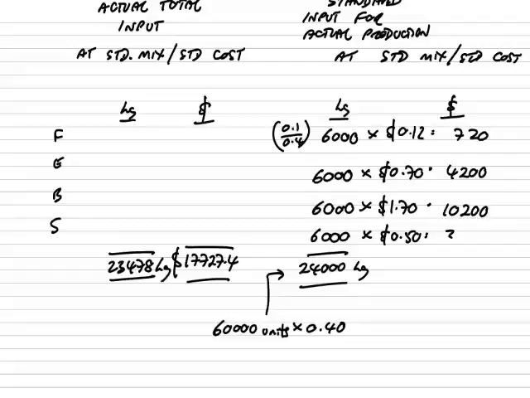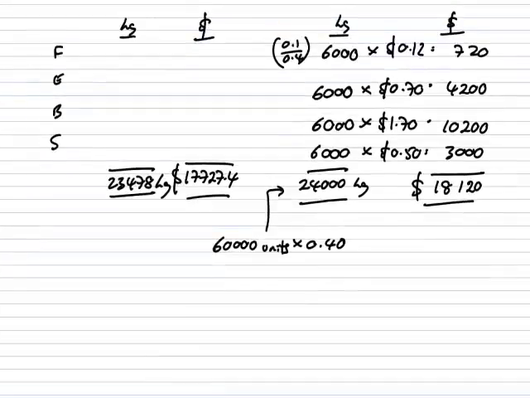I hope my arithmetic's right here. But what's the total? 7, 9, 11, 18,120. So, had we bought the right total quantity, we'd have spent 18,000. We already knew we bought less. We've saved money. It would have been 17,000.